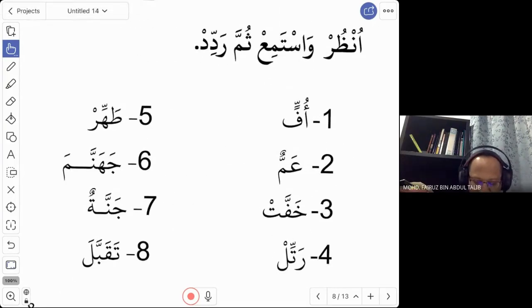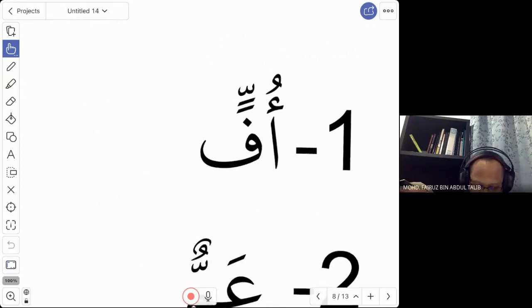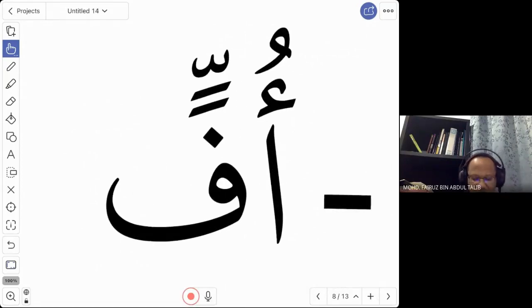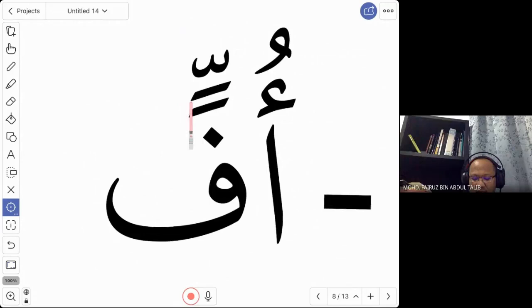Let us try and read this. We have the first word. Anyone would like to read this? We would like to focus on the shadda, together now with the tanwin. It is the same. So how do we read this?